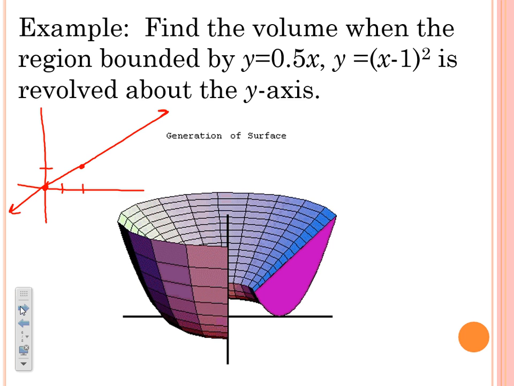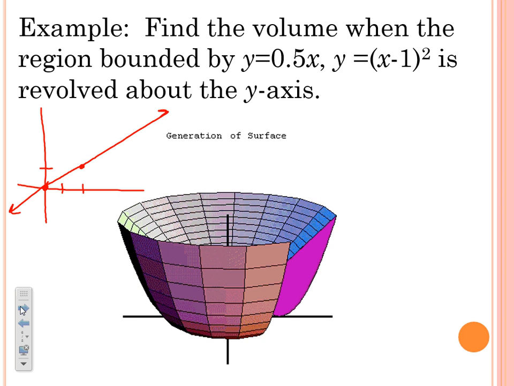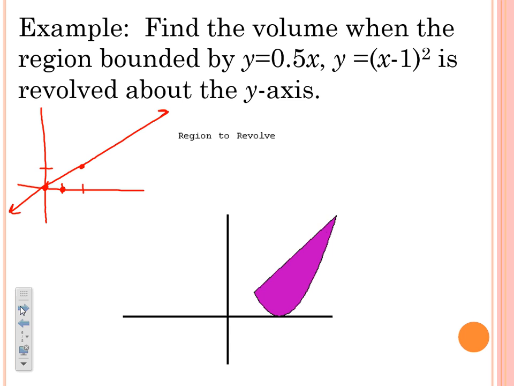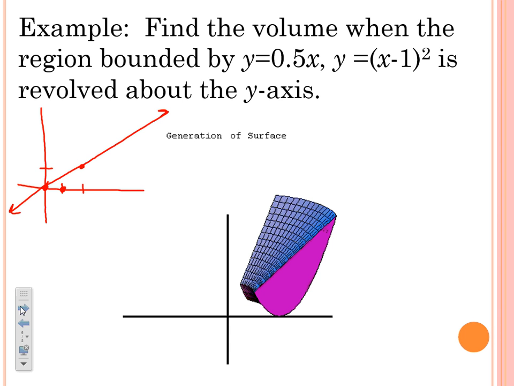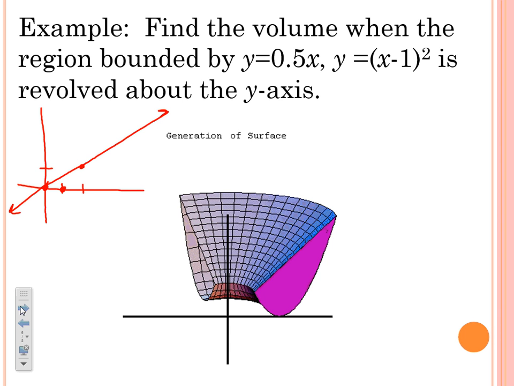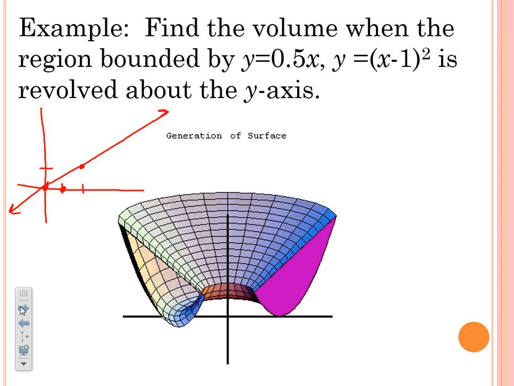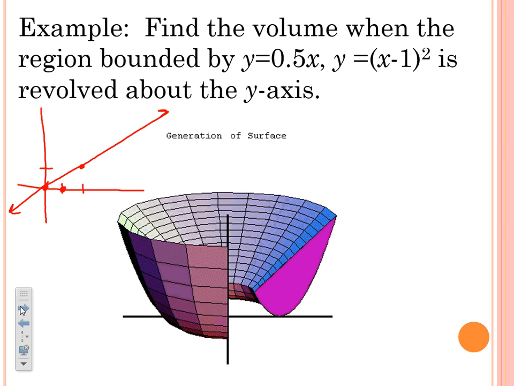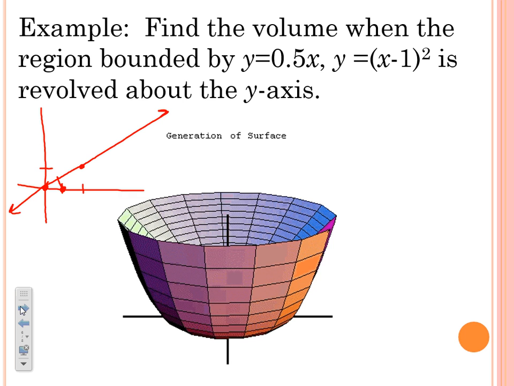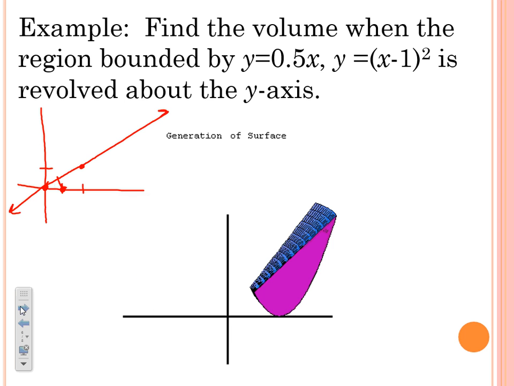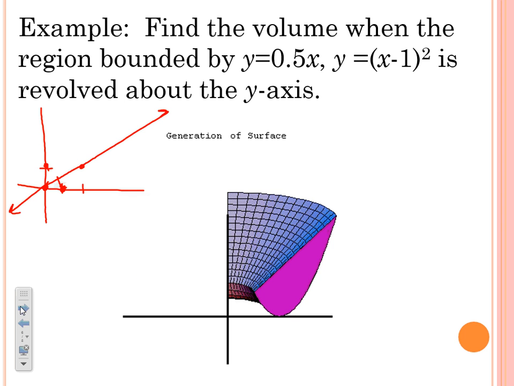X minus 1, the quantity squared, is a parabola where our vertex is at 1, 0, and then it's going to go through 2, 1.